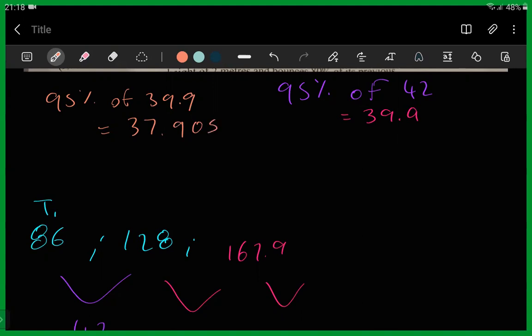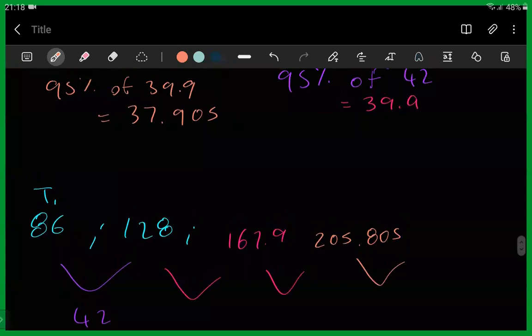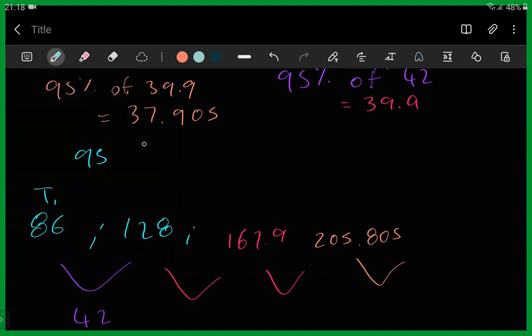Okay, and then if you add that to the 167.9, we get 205.805. Okay, fine. And then we have to do one more. We also need 95% of 37.905.